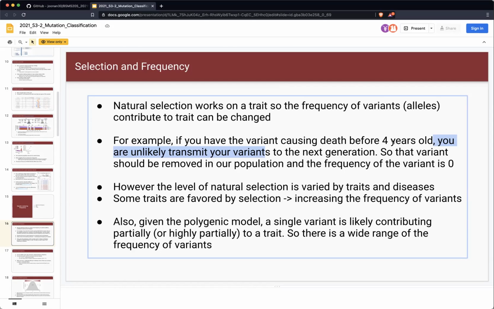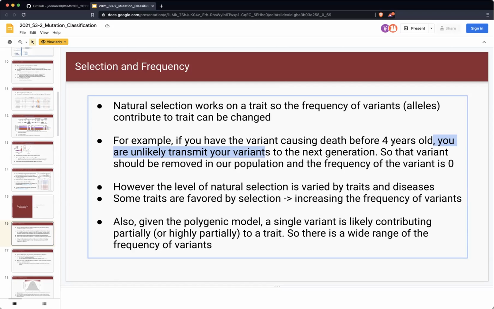And also, given the polygenic model, a single variant is likely contributing only partially, or highly partially, to a trait. This is what we learned in session 2, right? That means there is a wide range of frequencies of variants. Because if the trait is determined by a Mendelian factor, as in the Mendelian model, then we have only a few classes of variant frequency in our population.